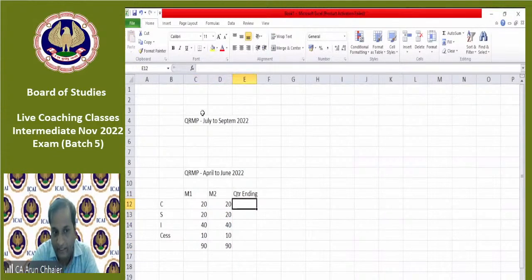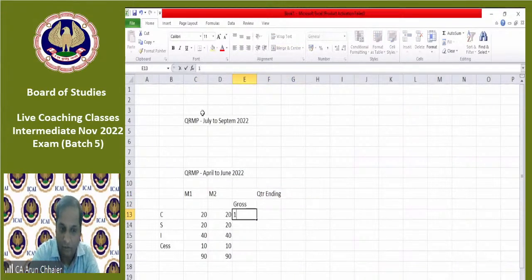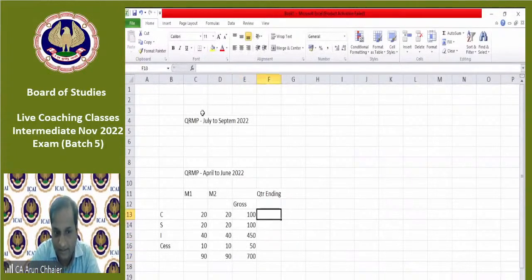But for the quarter ending, there is a gross liability of CGST, SGST 100, and there is a gross liability of IGST 450. There is a gross liability of cess 100. There was an ITC used for the quarter ending.